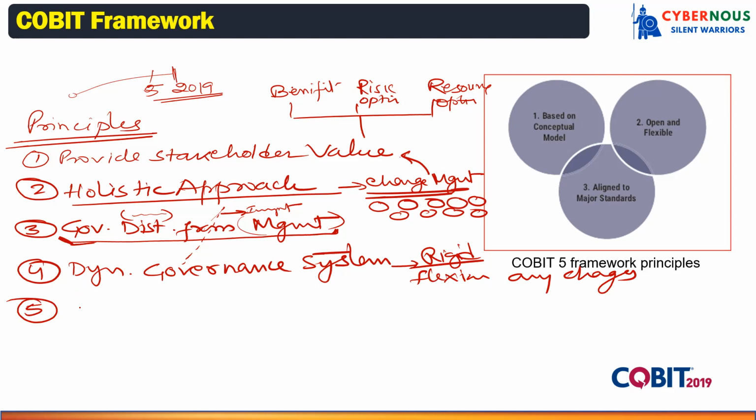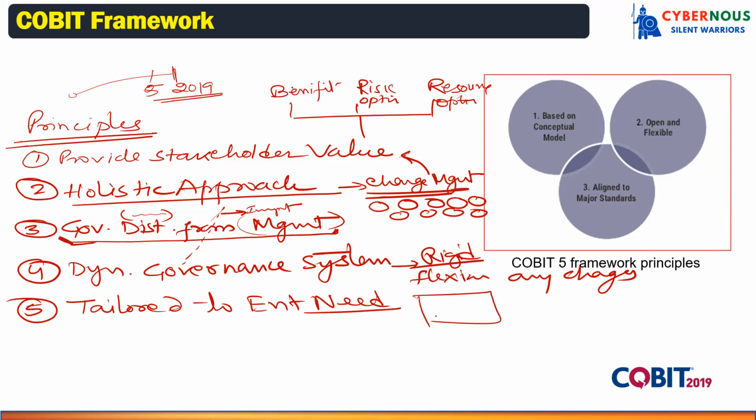Then the next one is tailored to enterprise need. That means what? In COBIT, there are so many controls and so much guidance defined.